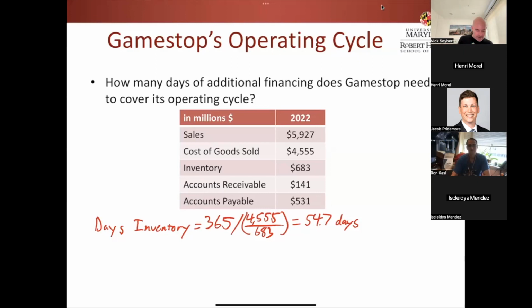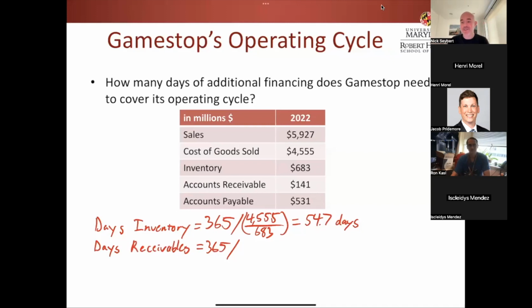Okay. So then we want the days in receivables, which is going to be 365 divided by the receivables turnover. Now we have sales in the numerator, because accounts receivable is money that customers owe, and customers owe on the MSRP, or on the markup. So customers owe money on the actual sales number.